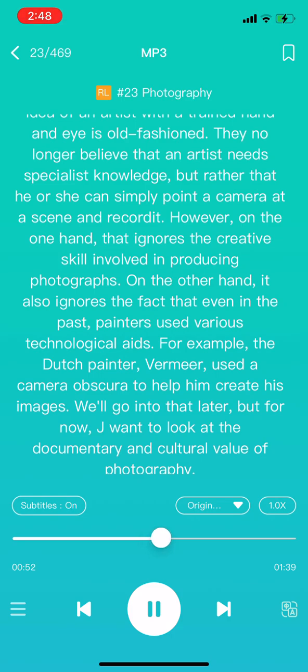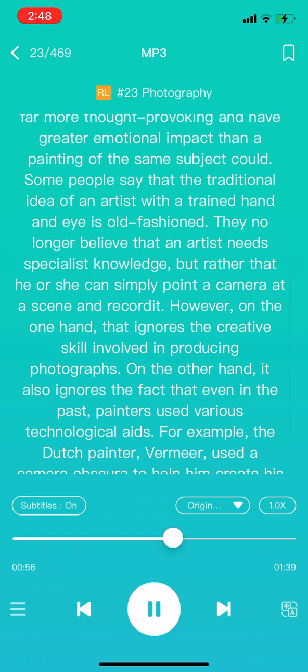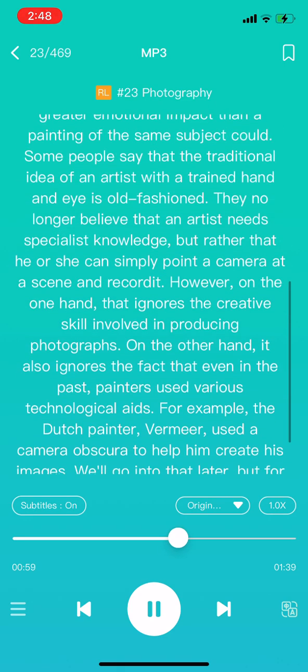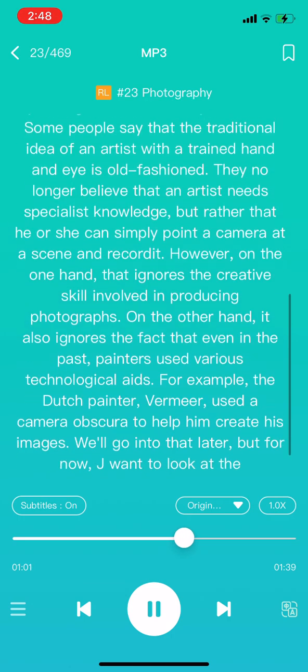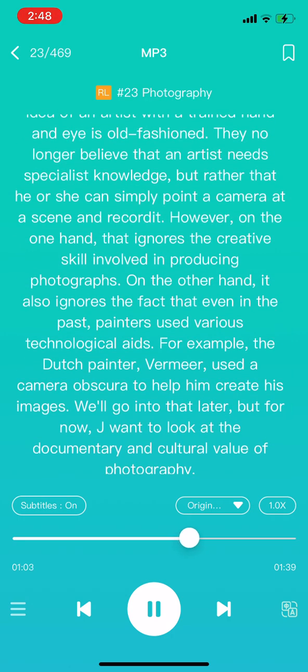Some people say that the traditional idea of an artist with a trained hand and eye is old-fashioned. They no longer believe that an artist needs specialist knowledge, but rather that he or she can simply point a camera at a scene and record it. However, on the one hand, that ignores the creative skill involved in producing photographs.